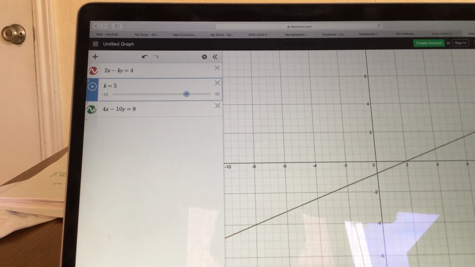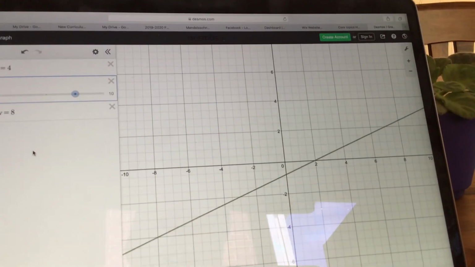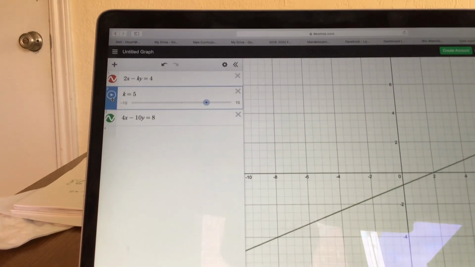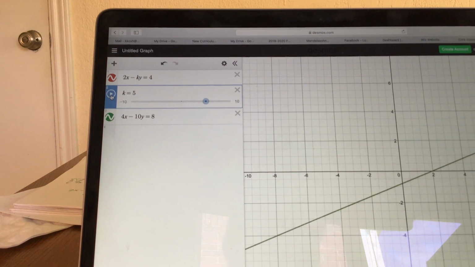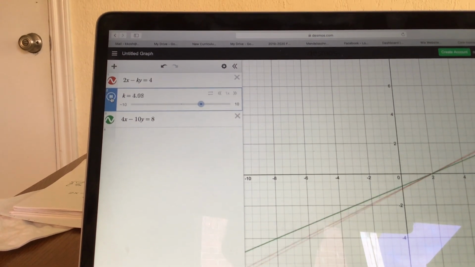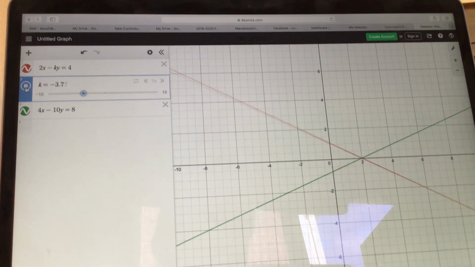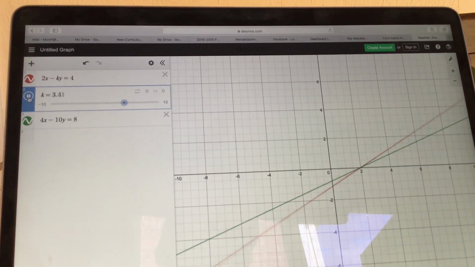Then I turn this back on, and the green kind of overpowered the red, so they're exactly the same line. This confirms what we said a minute ago: when k equals 5, there are infinitely many solutions, and those solutions are that line. When k is not equal to 5, they still just intersect at that particular point.